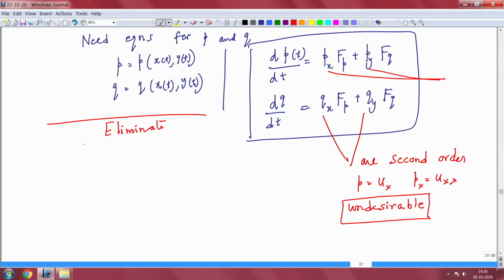You write down F(x, y, z, p, q) and differentiate the equation with respect to x and y.